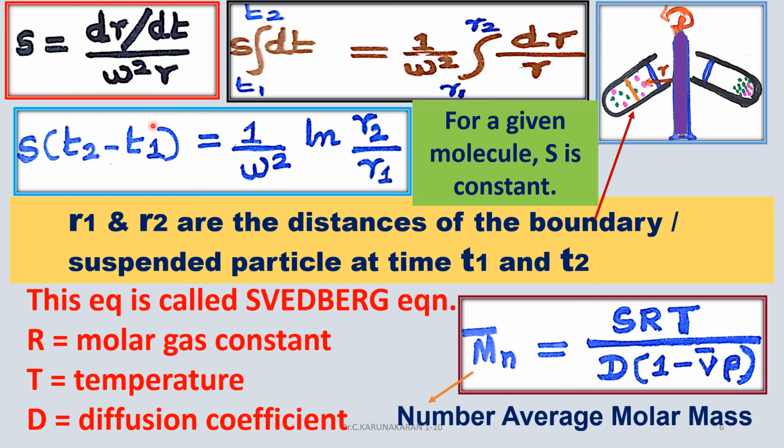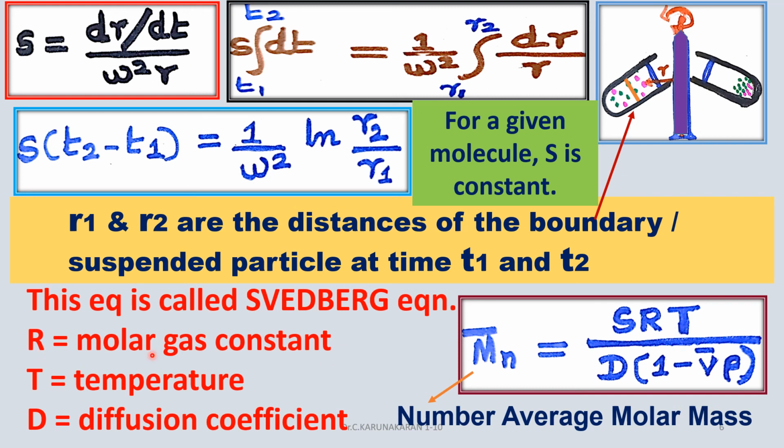Then, using the Svedberg equation, the number average molar mass of the polymer or macromolecule is determined. This Svedberg equation gives a relation between the sedimentation coefficient, which is a constant for a given sample, protein, or polymer, and the number average molar mass of the biomolecule.